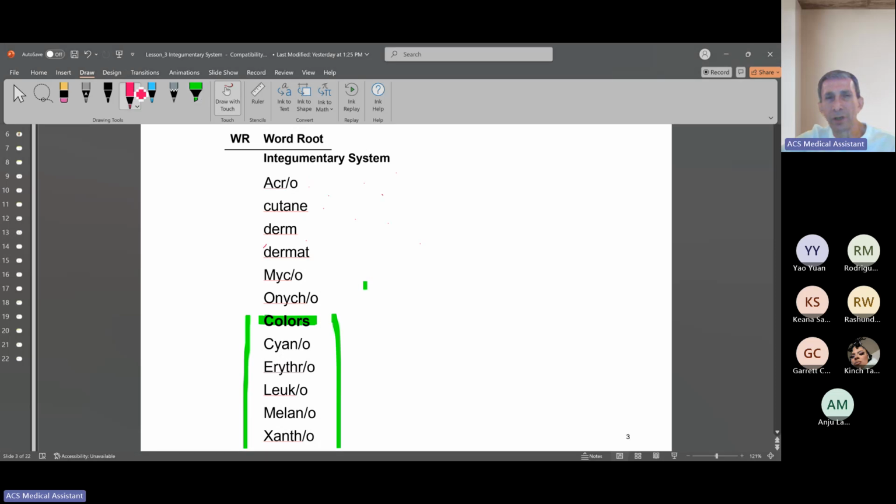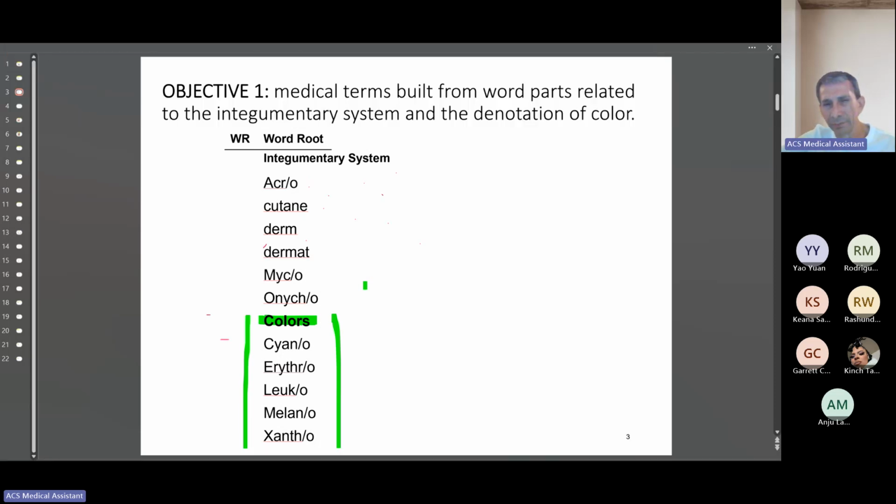So let's talk about the first one. This is cyan or cyano. Remember? Cyan or cyano. This means color blue. Blue color. So blue color.